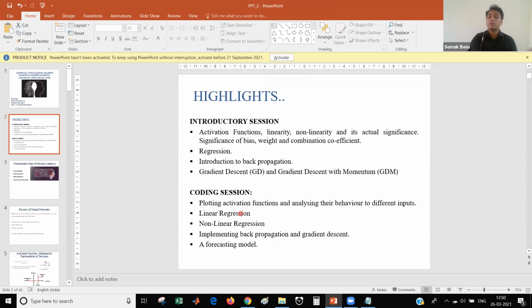We have seen linear regression. We have seen non-linear regression. We have seen it's not always necessary that you'll be able to model or fit the data as a linear regression model. After that, we have implemented back propagation and gradient descent, and it was a forecasting model. So given the age, can you predict the height? So we have covered this much.